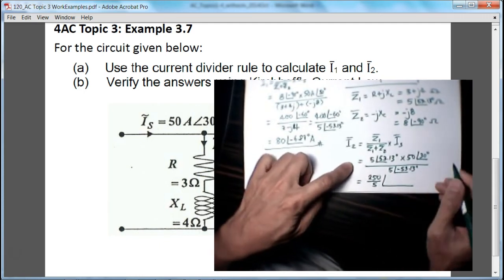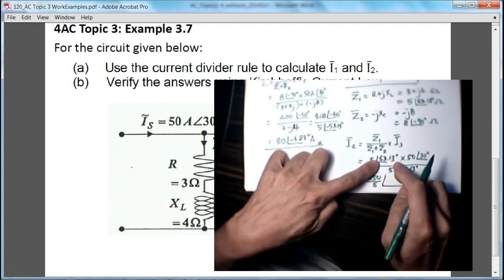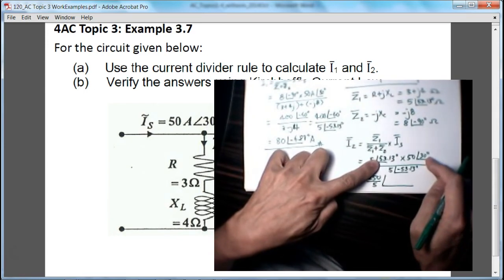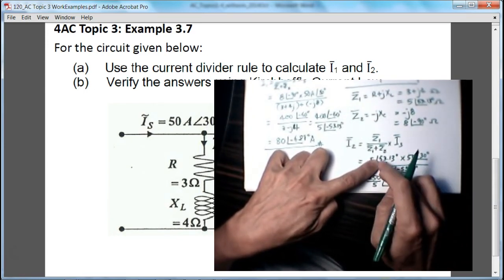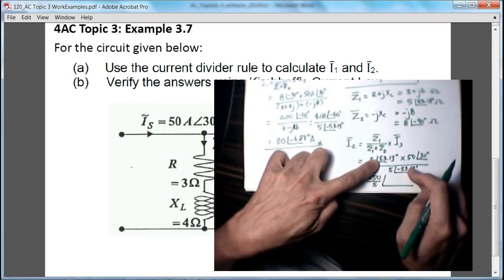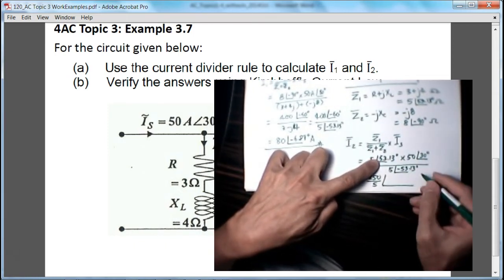And the angle is 53.13 plus 30, that's 83, minus this value. So it's this plus this minus this, so actually the three of them add up.